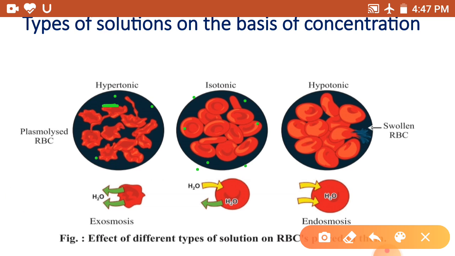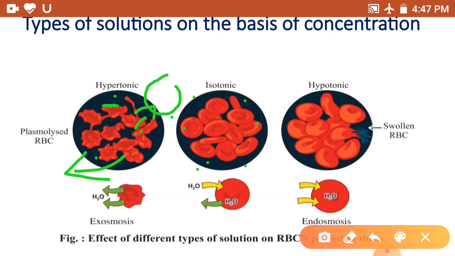So you can see here the concentration of the solution outside of the cell is more. Concentration outside is more than inside of the cell.